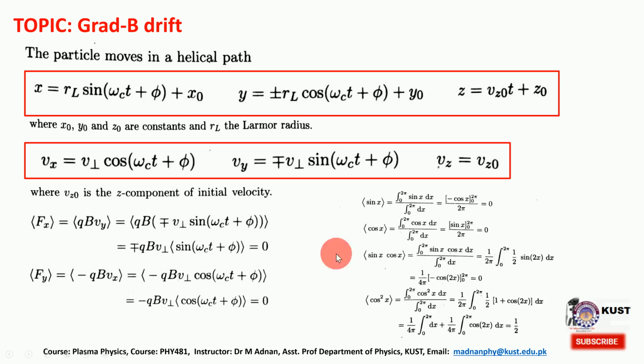The cos x average goes to 0 as well. So once the B field is uniform, the net force along x and y is 0. That is, the charged particle is moving in a helical path, such that the configuration of the guiding center is x naught and y naught.